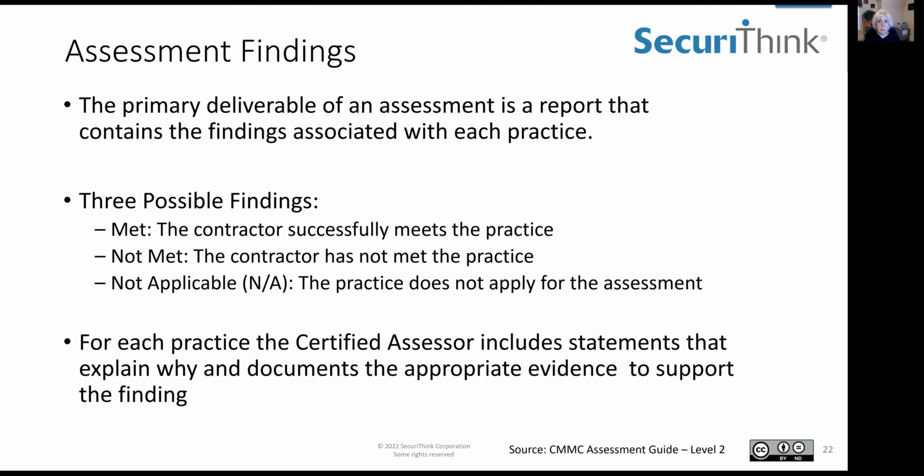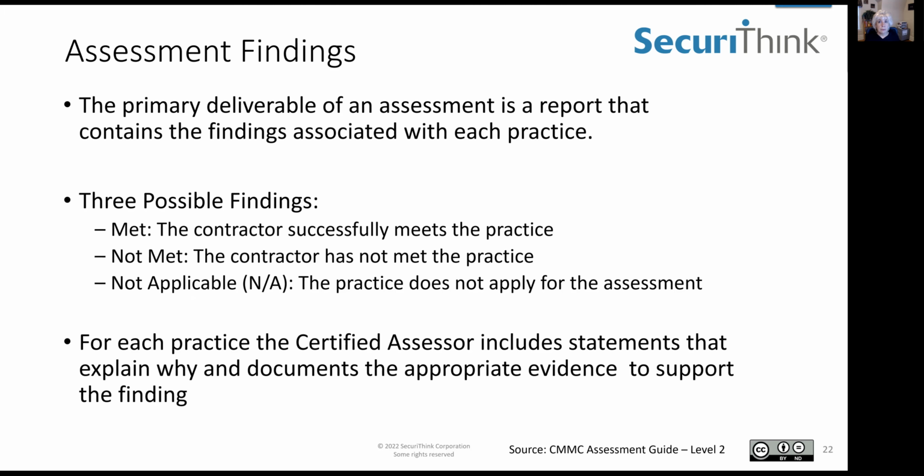The primary deliverable of an assessment is a report, and it contains findings associated with each practice. Now, there are 3 possible findings. Met, which is when the OSE has successfully shown that they meet the practice and that they fully implemented the practice. Not met, where the OSE has fallen short and has not managed to demonstrate that conclusively.